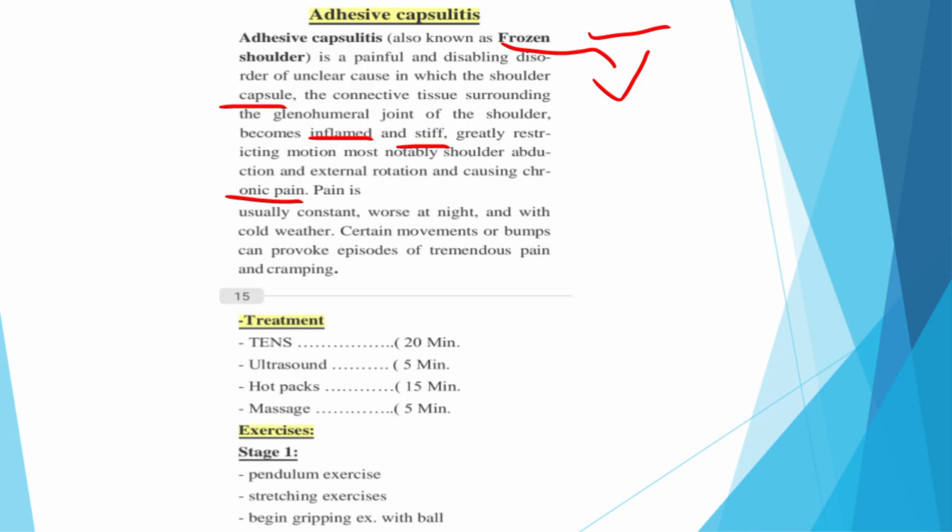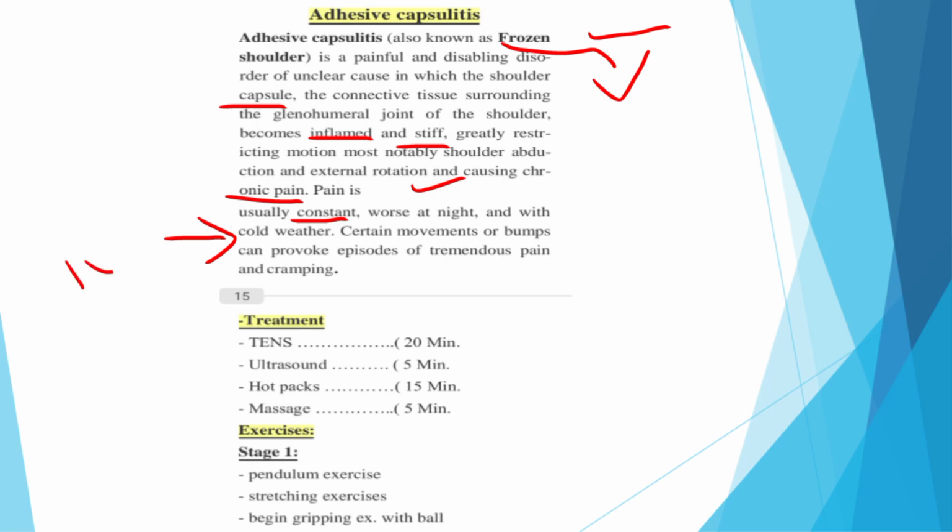In this disorder, it is very painful, the connective tissues become inflamed and there is stiffness in the joint. Pain is usually constant, especially worse at night and with cold weather. In cold weather it's very common.